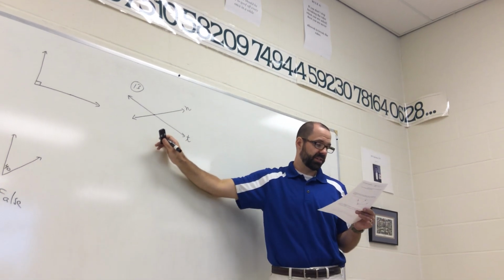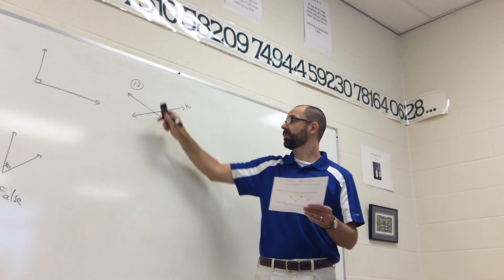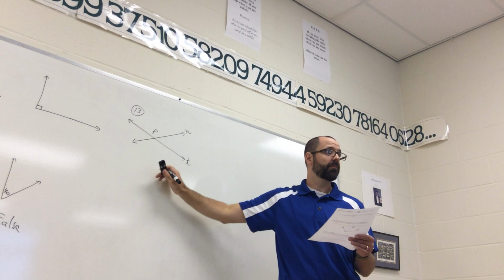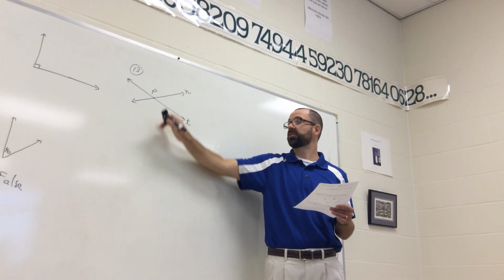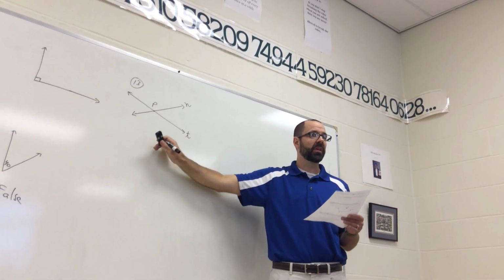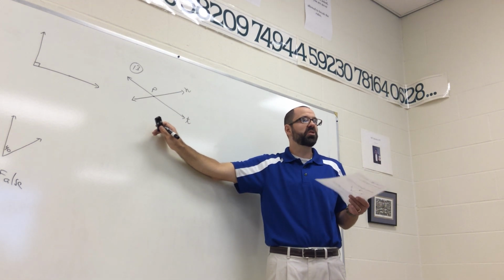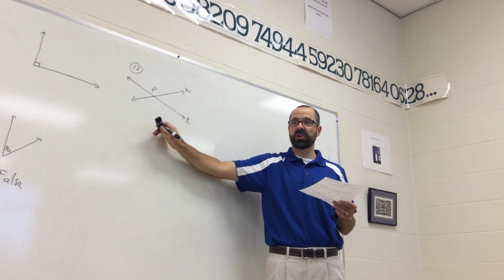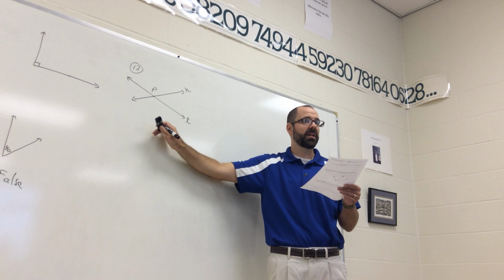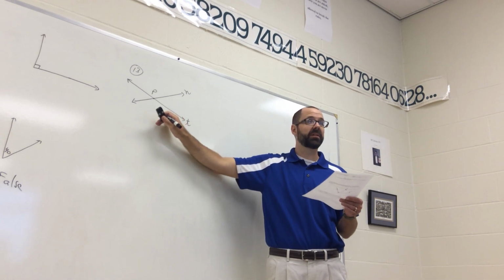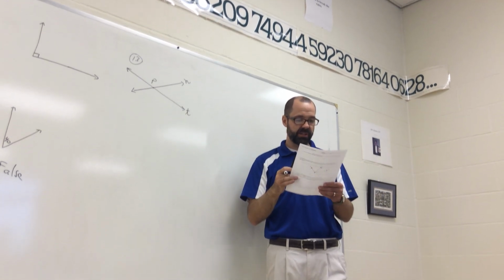And the description says that they intersect at point P. So you put a P by that to show that that's where they intersect. All right, so what we're supposed to do is read the description and then draw a picture that goes with it. So we've got line N and line T, and they're intersecting at point P. So that's what number 13 is.